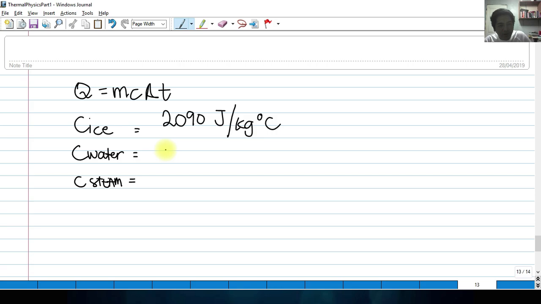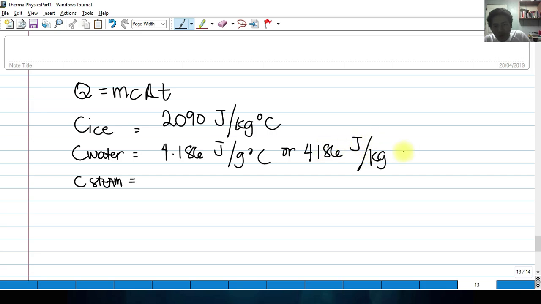For water, we have 4.186 joules per gram degree Celsius. Notice that this is in terms of grams. Or if we are going to convert it into kilograms, we have 4,186 joules per kilogram degree Celsius. And for the specific heat of steam, we have 2010 joules per kilogram degree Celsius.